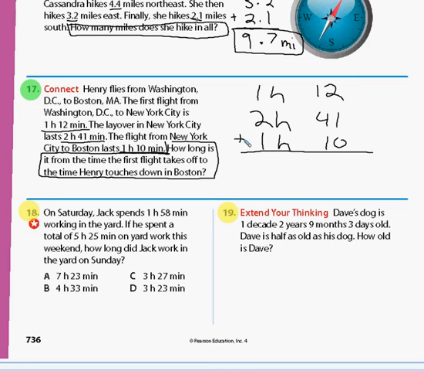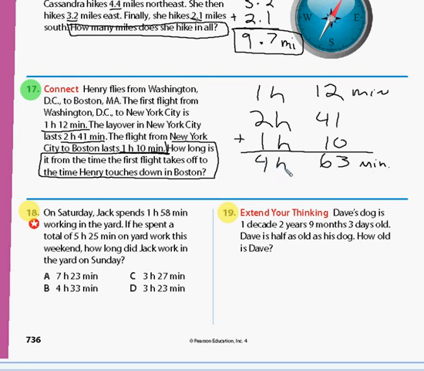So I'm going to add up my minutes here. That's 0, 1, and 2. That's 3 minutes. And 4, 5, 6. So 63 minutes right there. Okay, that's minutes. And then my hours, 2, 1, and 1 is 4. So that's 4 hours.